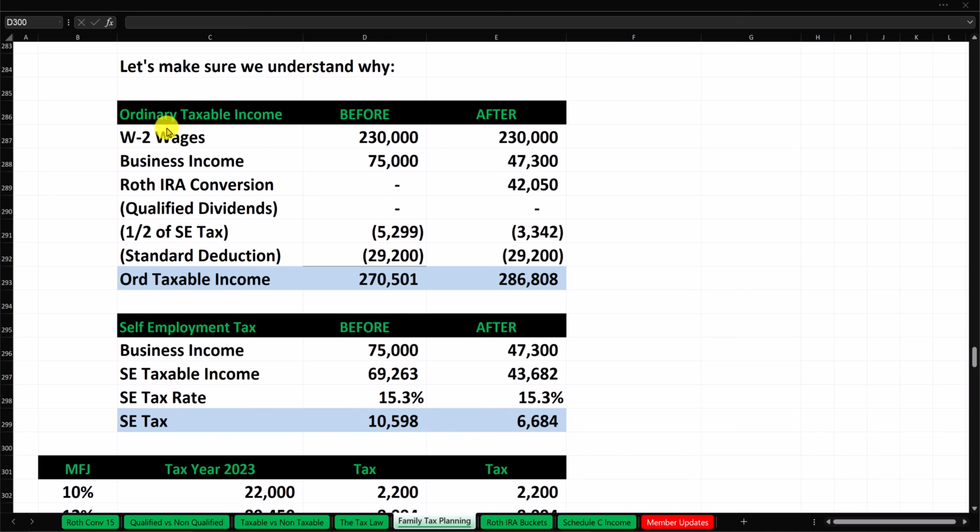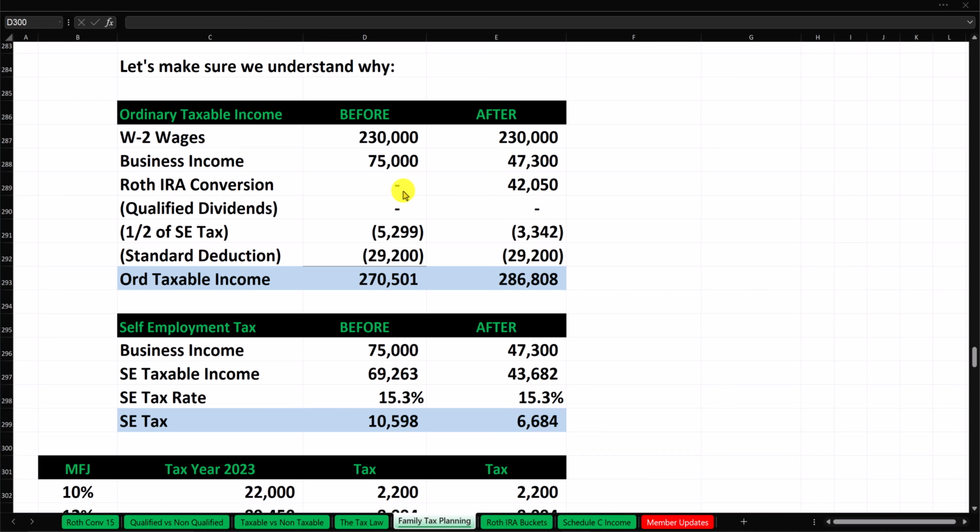Okay, now let's run through the ordinary taxable income calculation. So there's our W-2 wages of the $230,000. That's the same between both scenarios. Here we have our business income of $75,000 before we hired the kids and the $47,300 after we hired the kids. There's our Roth IRA conversion of the $42,050, which we mentioned earlier.